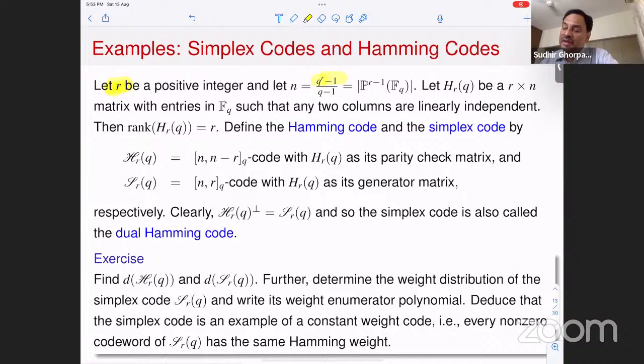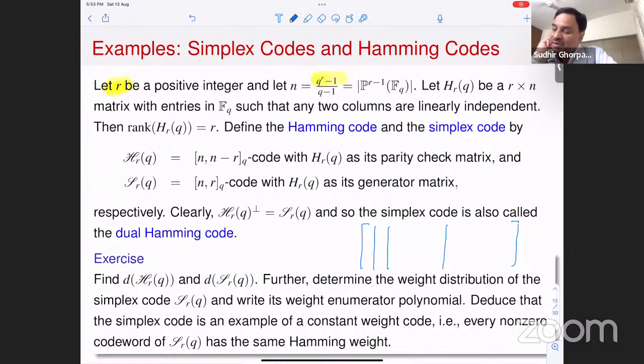So there are q to the power r minus 1 such non-zero tuples. What I'm going to do is write these r-tuples as columns of a matrix. This is one r-tuple, this is the second one, etc. With the following rule in mind: if I take one r-tuple, say for example 1 0 0 0, then I do not repeat a multiple of that.